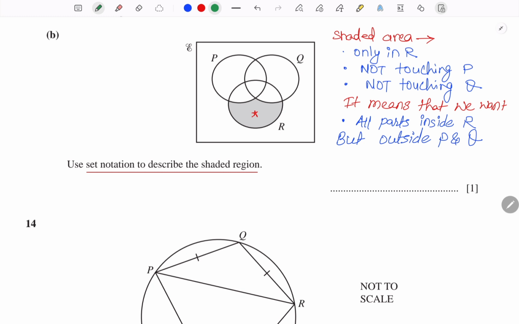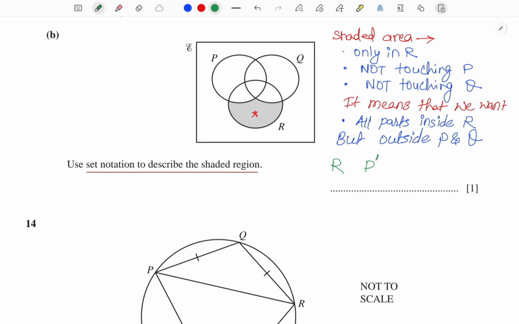Let's see how we can write this in set notation. We want everything that is inside R, so let's just write R. Then we need everything that is outside P, that is why I will write P complement.